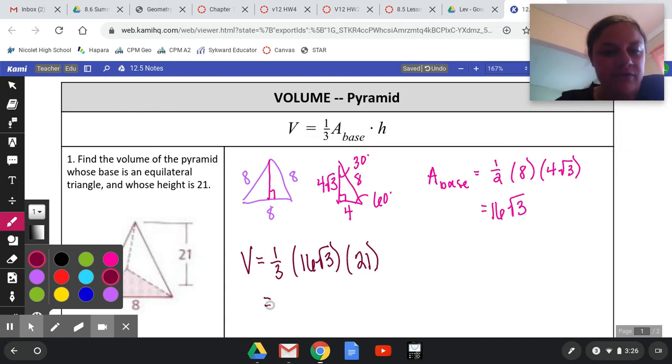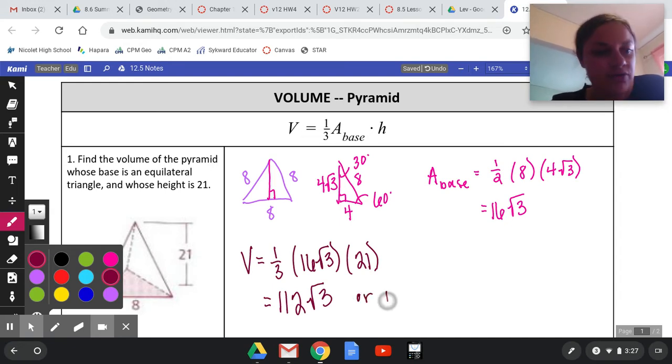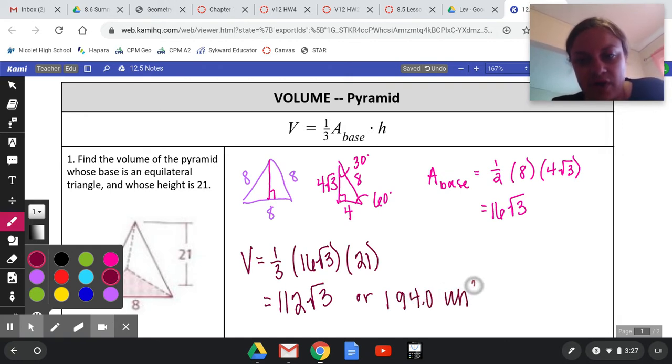So I get for my volume 112√3, which is my exact answer, and then I'm going to multiply that out to get a decimal approximation, which would be 194.0 cubic units, because I am talking about volume.